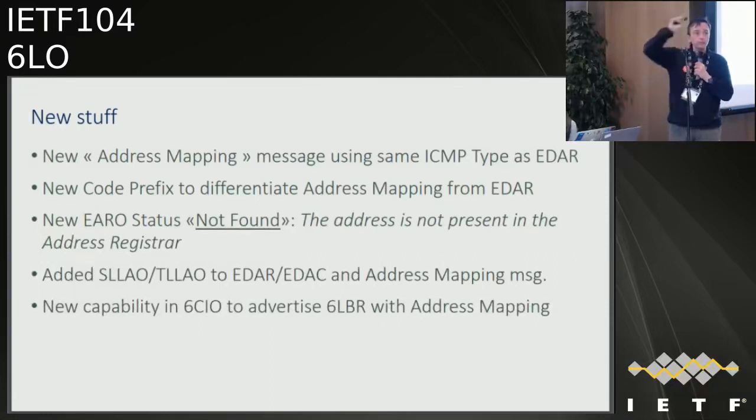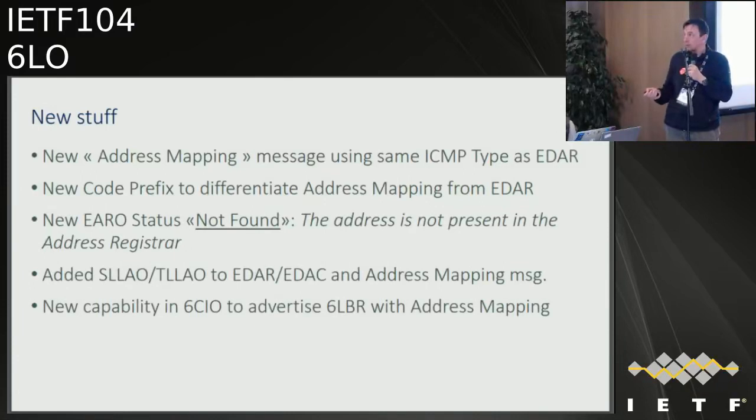Remember, ICMP has a type and then a code. We have a variation on the code, and we reduce the type so we don't consume more space in the ICMP namespace. And we can do this address lookup as well as duplicate address validation. So this ICMP type now can do both DAD and lookup, if you like, and this is completely unicast.